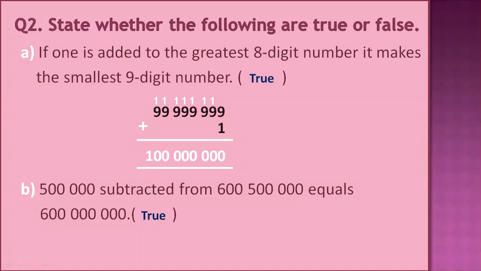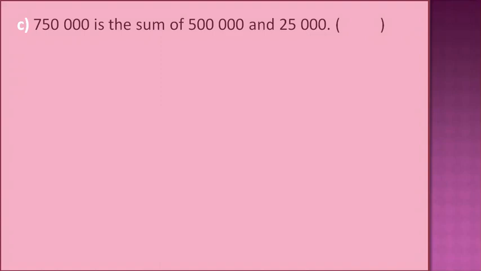Okay, now comes to C. 750,000 is the sum of 500,000 and 25,000. So you have to add both values. If the answer equals this value, it means that this statement is true.